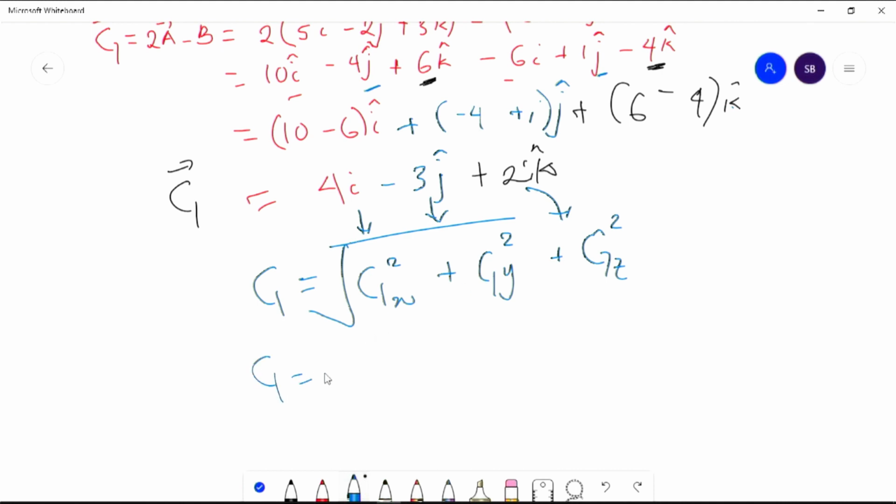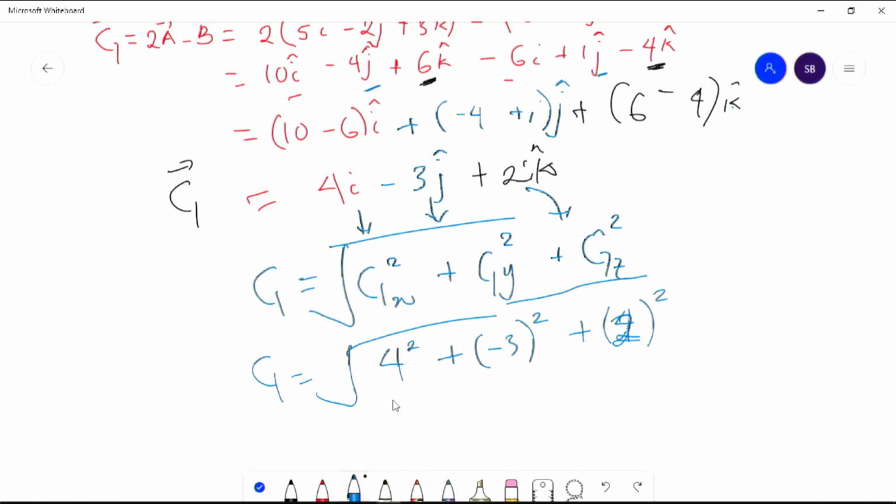So finally I have my square root, which is going to be 4 squared plus minus 3 all squared plus 2 squared, and everything in my square root.